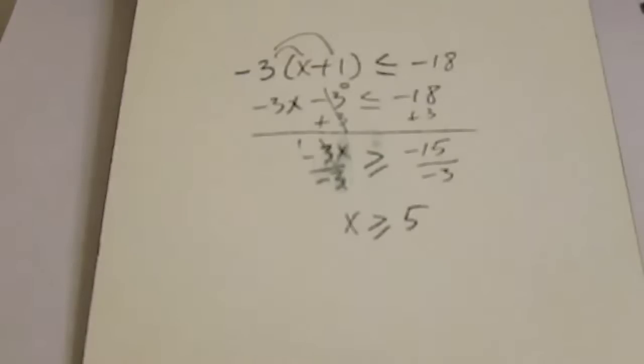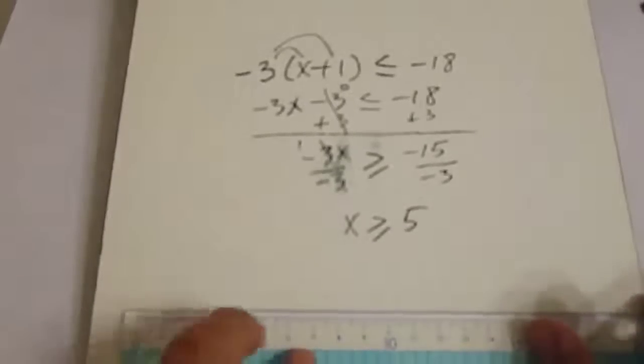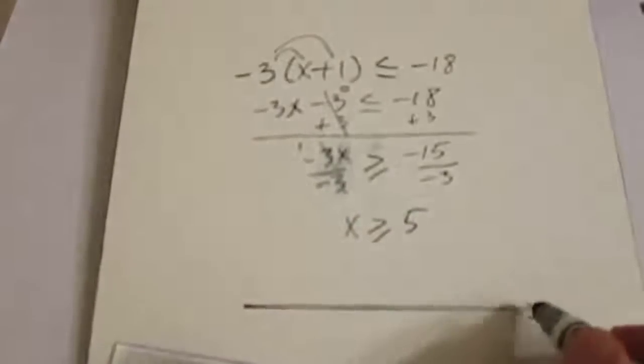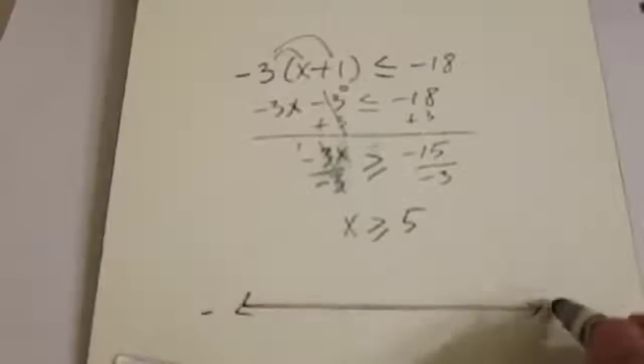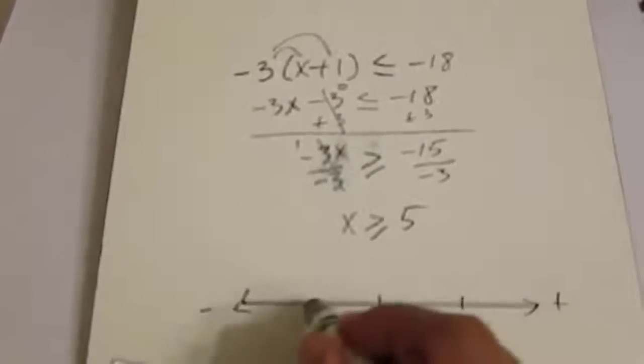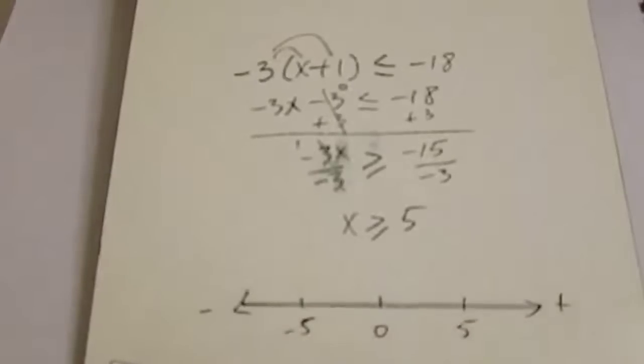I'm going to go ahead and get the graph going here. Okay, here's 5. Here's negative 5.